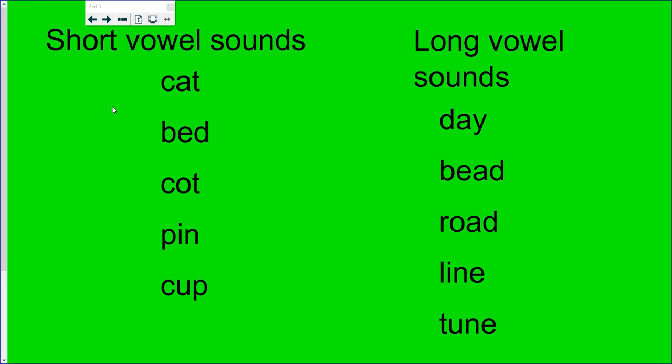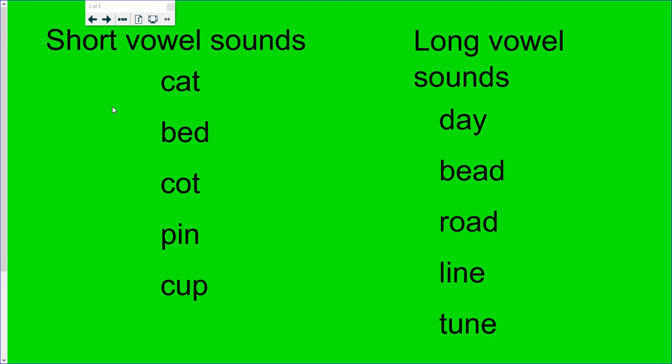Long vowel sounds are those that almost sound like you're saying the letter name: A, E, I, O, and U. That oo sound is the long U. So you have A, E, I, O, oo. Okay, those are those long vowel sounds.